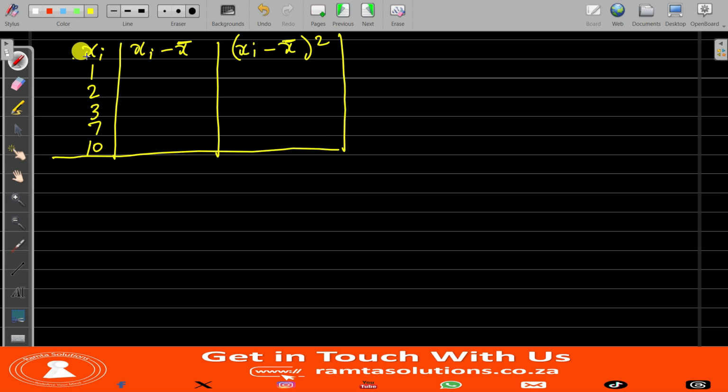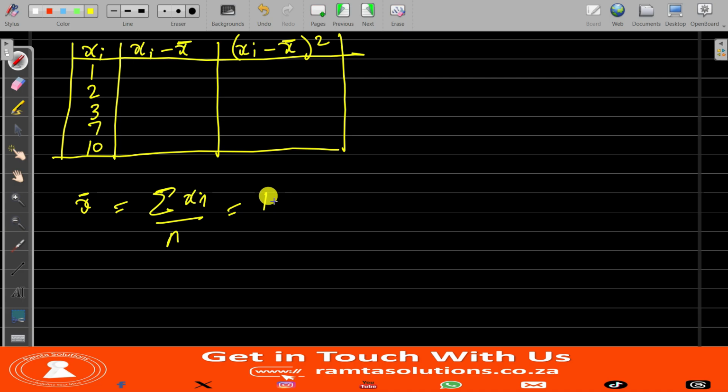Now we need to find the mean. The mean will be x bar equals the sum of x sub i over n. So this is 1 plus 2 plus 3 plus 7 plus 10, all over how many points are here? 5.